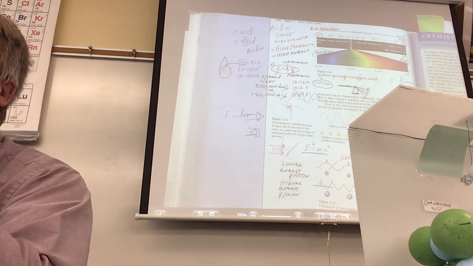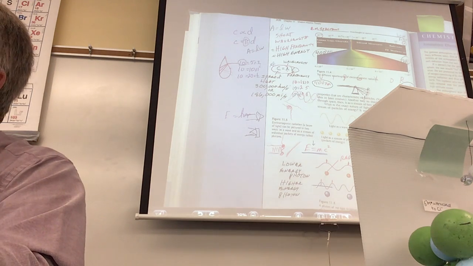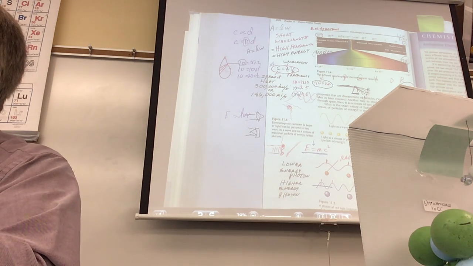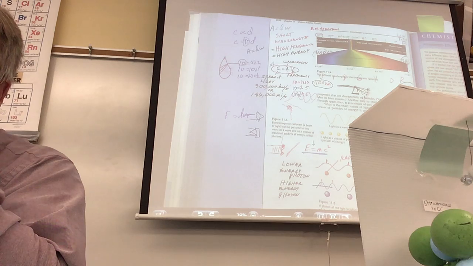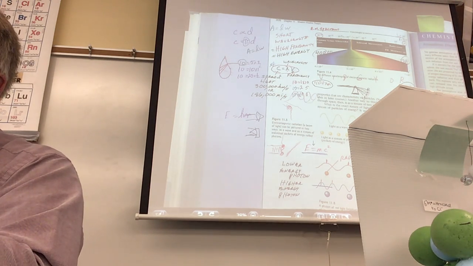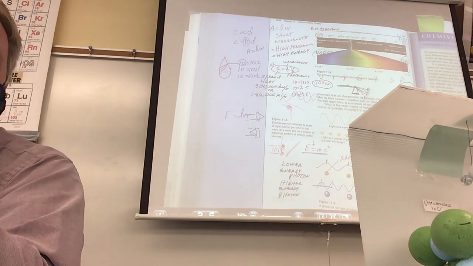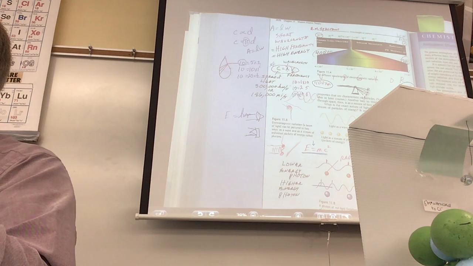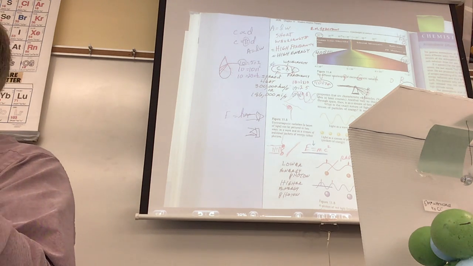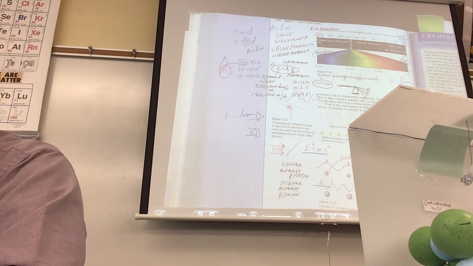But the kind of wave that light travels in is an electromagnetic wave, and it doesn't have to travel through anything. It can travel through nothing. The light from the sun goes all the way through the vacuum of space. So it is a different kind of energy, but it does travel in waves.